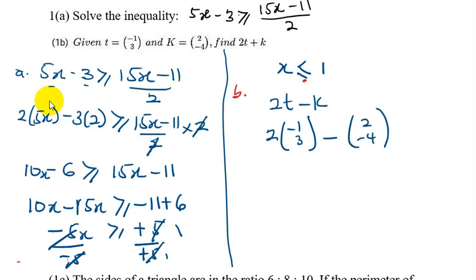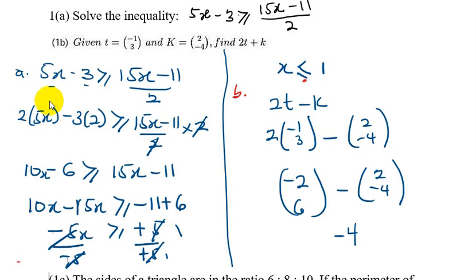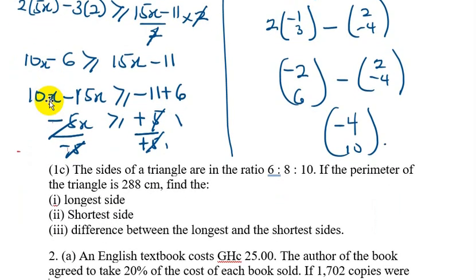So 2 times minus 1 gives you minus 2, and 2 times 3 gives us 6. Then minus (2, minus 4). Minus 2 minus 2 gives you minus 4, and 6 minus minus 4 will give you 10, because minus minus becomes plus. So this is the final answer for A and B.